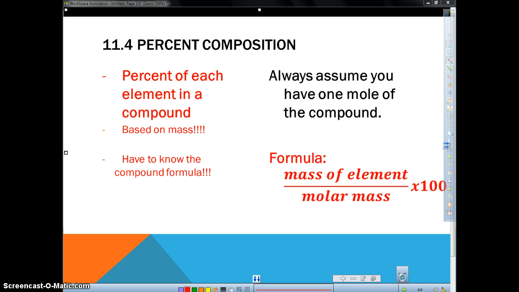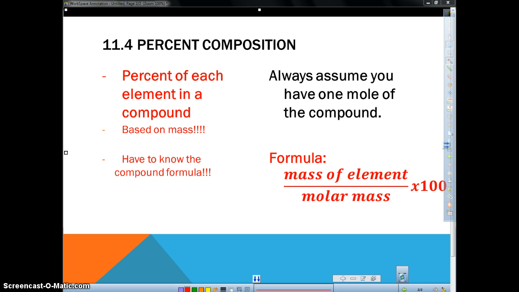So if I have a certain compound, it's going to be composed of or made up of a certain number of elements, and each element brings a certain mass to the compound, depending on how many of each of those little elements I've got. So when we say percent composition, we're just trying to figure out what percent do I have of a certain element's mass within the mass of a compound.